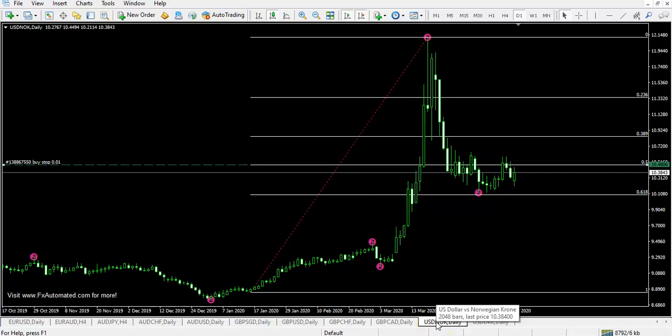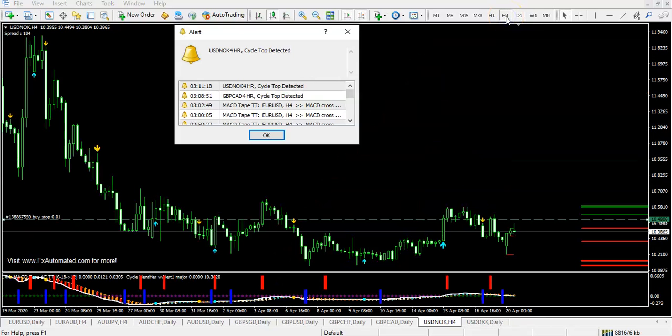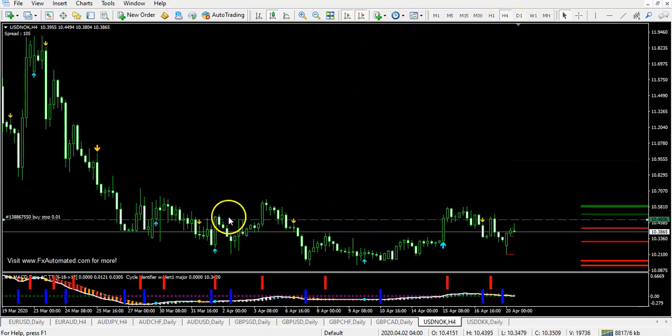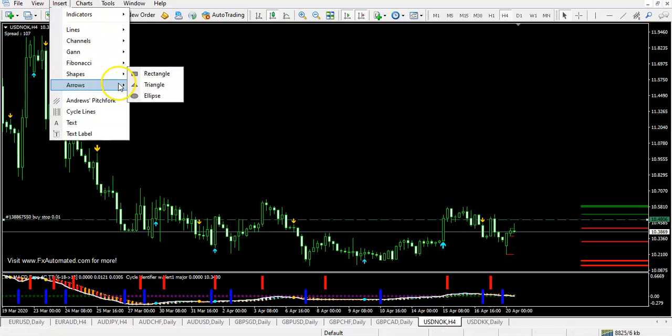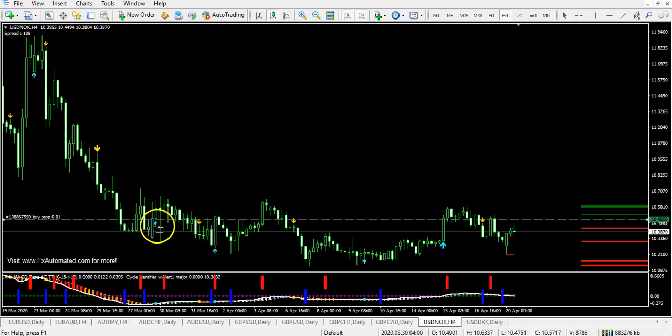United States dollar versus the Norwegian krone. Reversing at the 618 level. Again, it could just fall straight through it, or it could go up. So 50-50. It's been ranging for a good little while on this 4 hour. This whole little range.